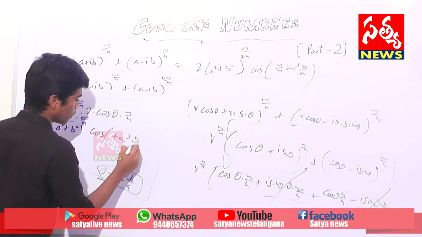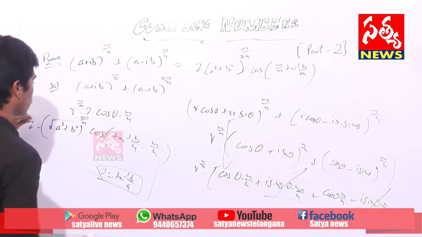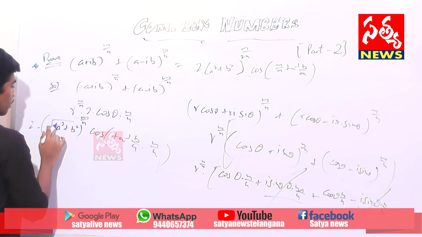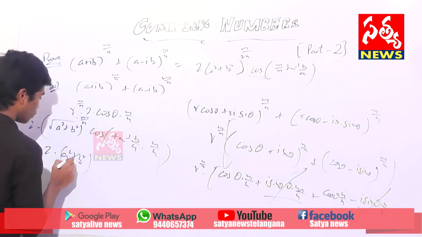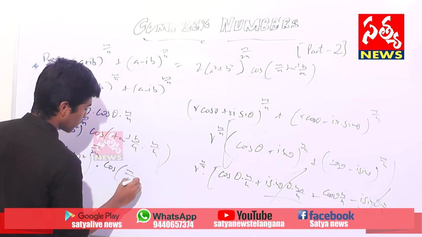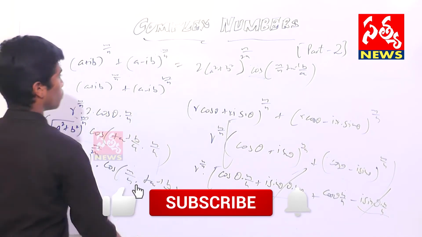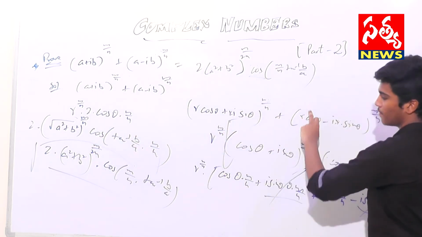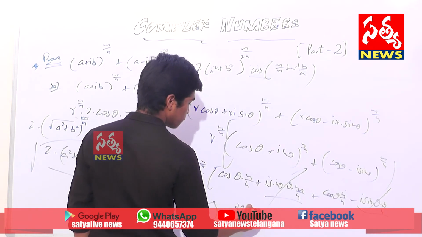After further simplification, taking the square root as 1 by 2, we get 2 into (a square plus b square) whole power m by 2n into cos of m by n into tan inverse of b by a. This is the RHS, hence proved.